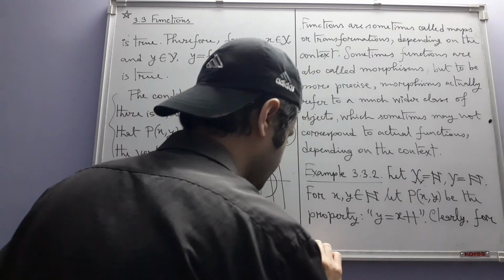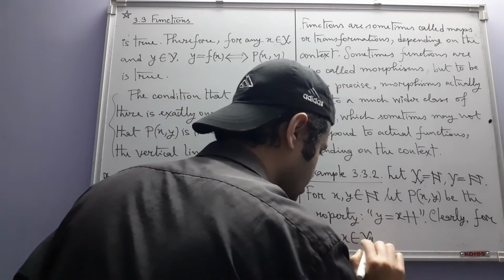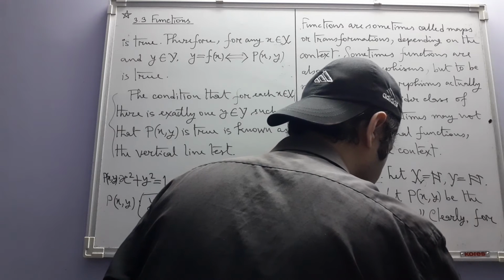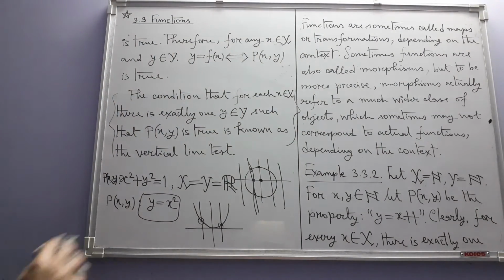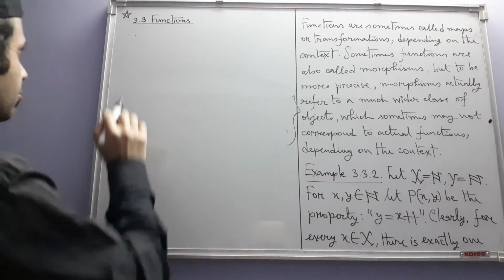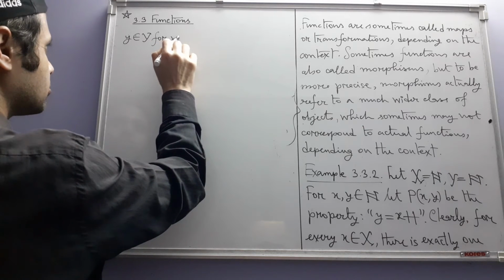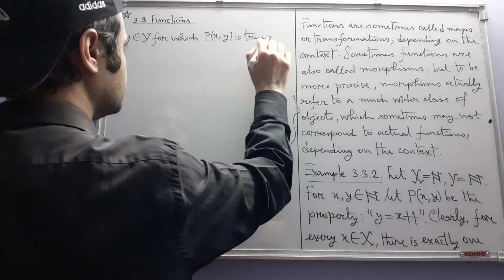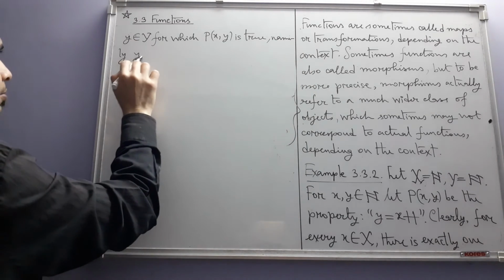Clearly, for every x in X, there is exactly one y in Y, which is also N in this case, for which P(x, y) is true, namely y is equal to x++.